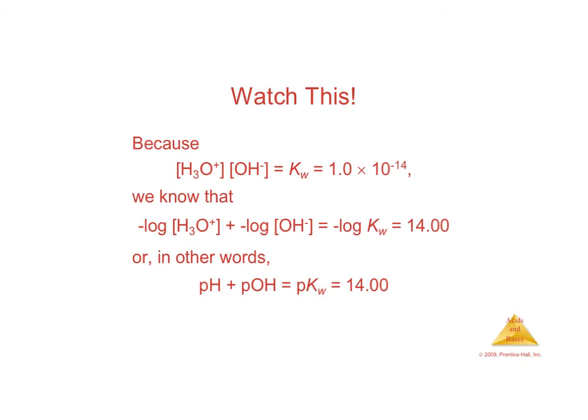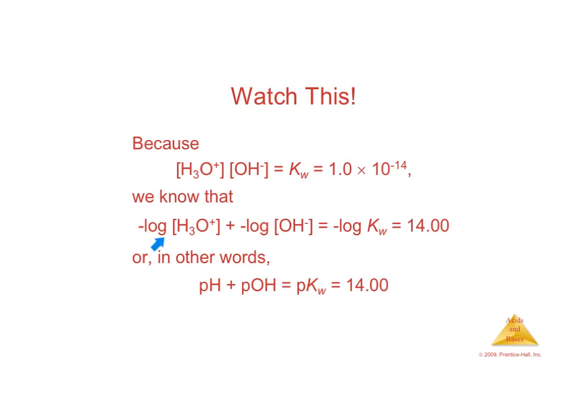We know that in water at 25 degrees Celsius, the concentration of hydronium times the concentration of hydroxide equals Kw, or 1 times 10 to the minus 14. Well, mathematically, we could take the negative logs of both sides of this equation.